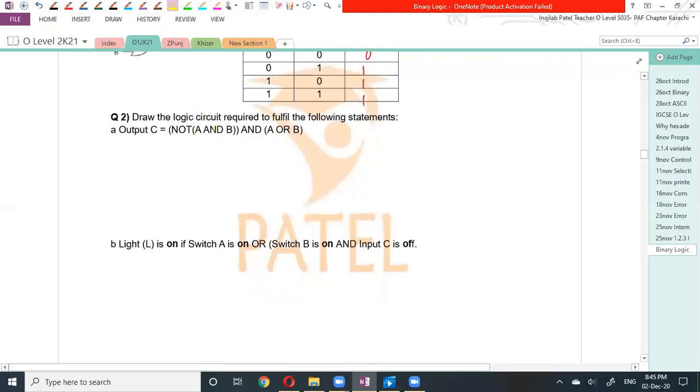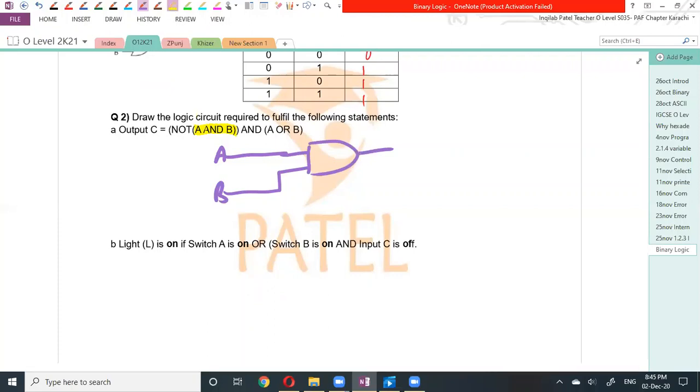We draw the gate for this one. A and B. Then we apply a NOT gate on it.